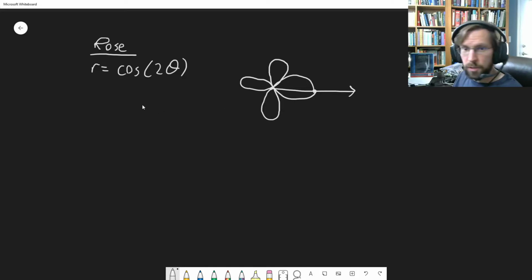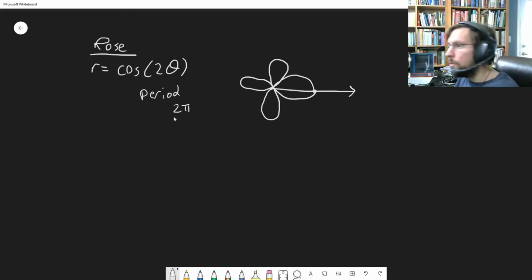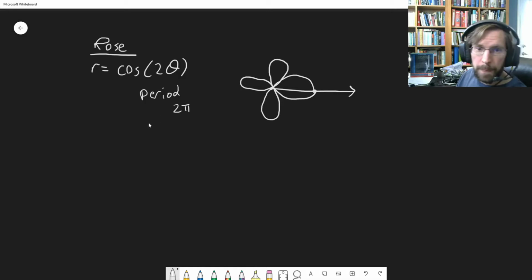Okay, and it's important to note here that this has period 2 pi, whereas the circles we looked at with r equals sine theta, or r equals cosine theta, have period pi.